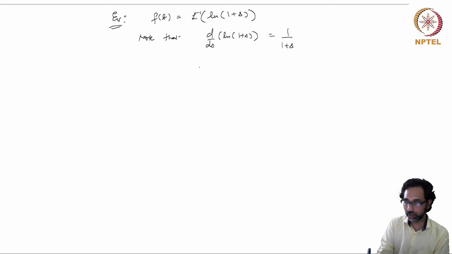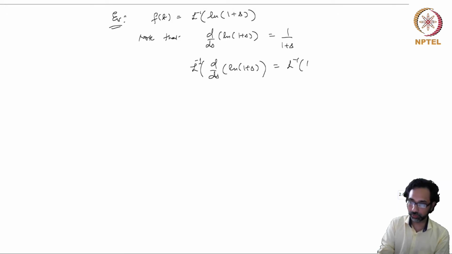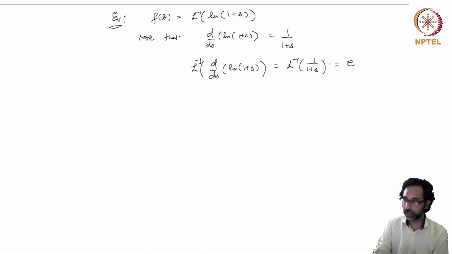And so if we take the inverse Laplace transform on both sides of this equation, the inverse Laplace transform of the derivative of ln(1 plus s) is the inverse Laplace transform of 1 over 1 plus s, which we know, and you can look it up on a table, and this is e to the power minus t.